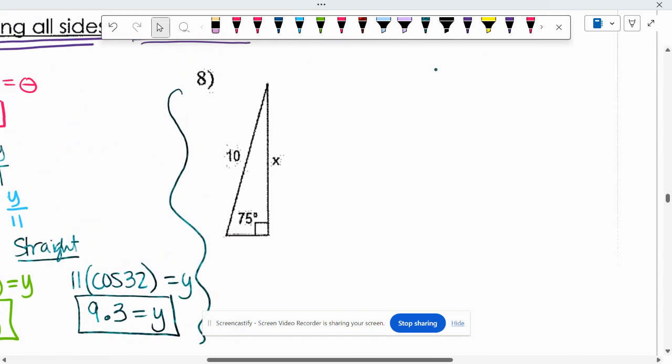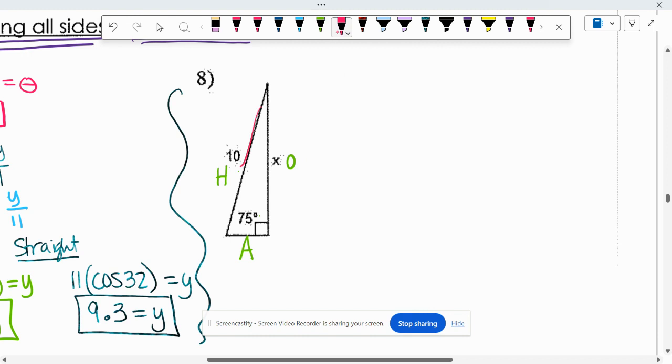Okay. Number 8. All right. Andres, you ready for number 8? I know you haven't been here. Or do you want to phone a friend? Okay, awesome. So from this angle, Andres, label your sides: opposite, adjacent, hypotenuse. 10 is the hypotenuse.